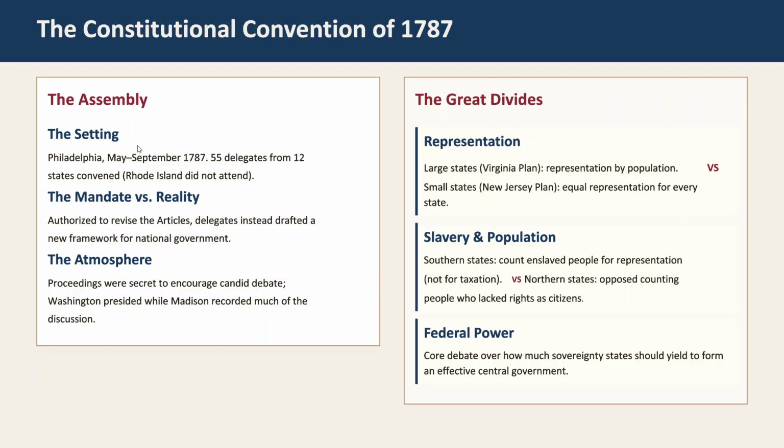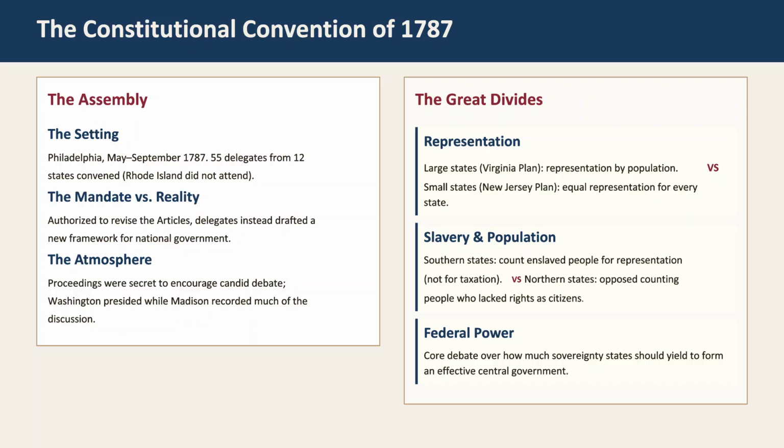Now, in response to the crisis that they saw, they gathered together in Philadelphia. Delegates from 12 of the 13 states gathered in 1787, and their mandate was to revise the Articles of Confederation so that they actually had some teeth.